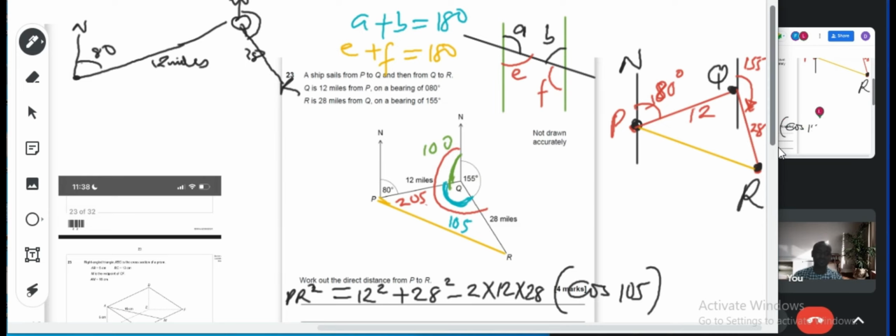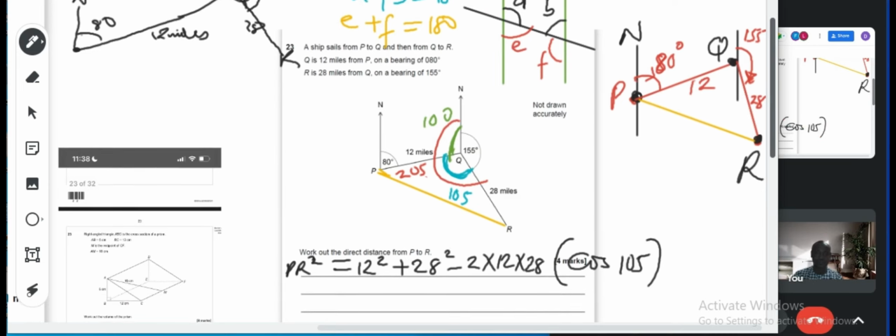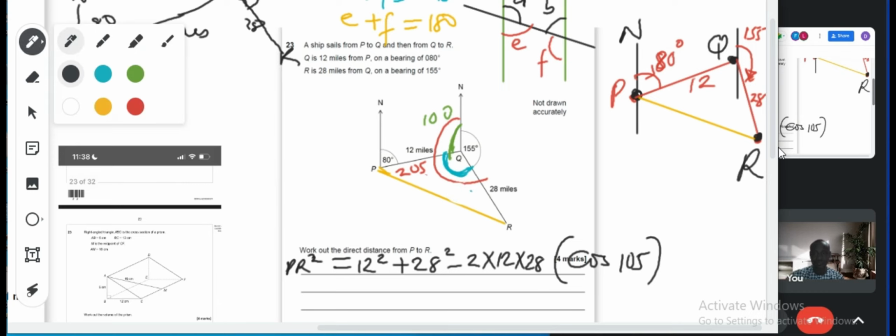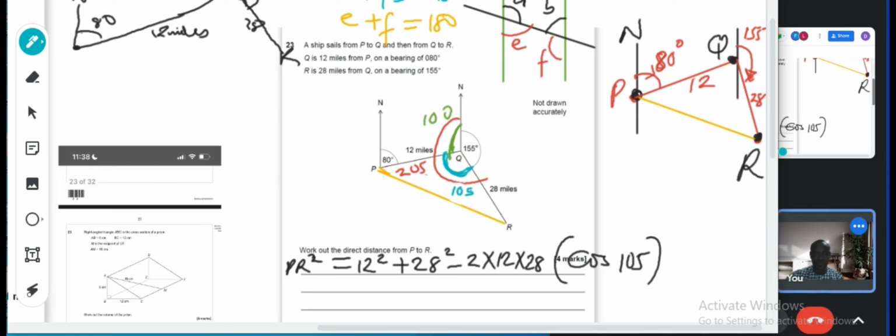Isn't that divided by something? Is it all divided by something, or is it just that? Yes, that's all. You're not dividing by anything. Once you find PR squared, you take square root.